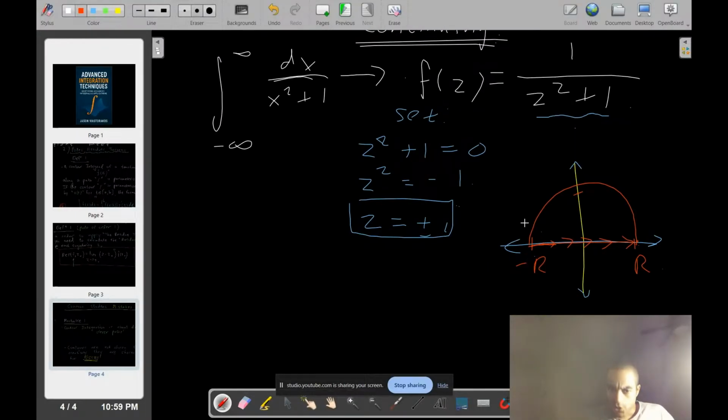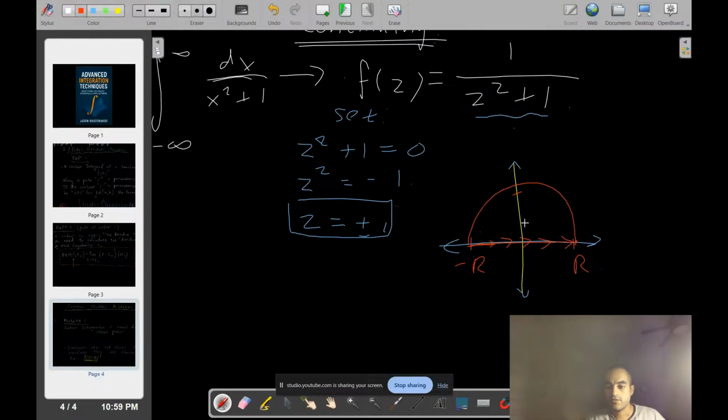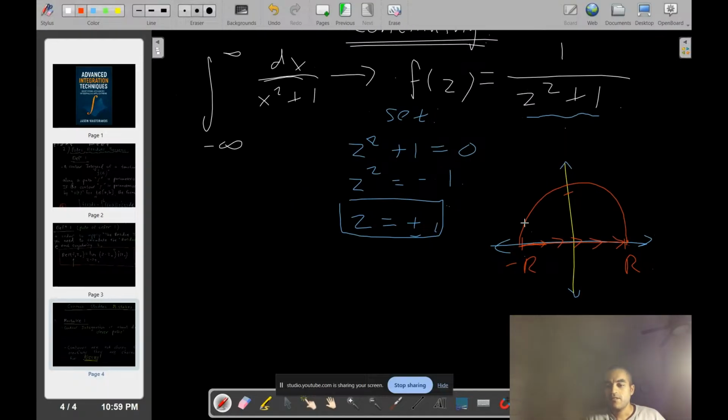By doing that, we're going to get something interesting. You'll notice that if z equals plus or minus i, we have a pole here.